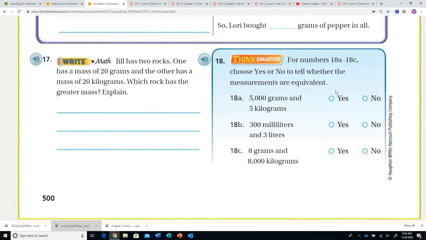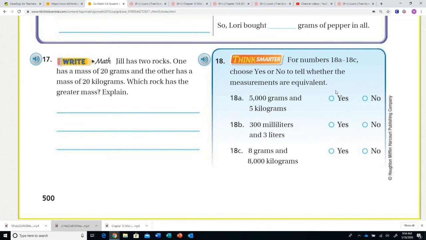For the Think Smarter 18A through 18C, choose yes or no to tell whether the measurements are equivalent. 5,000 grams and 5 kilograms. Well, I know that every 1,000 grams is a kilogram, so 18A would be yes. In 18B, 300 milliliters to 3 liters.